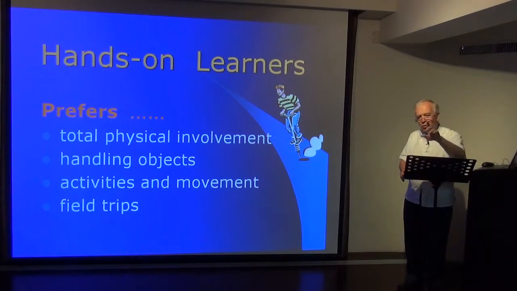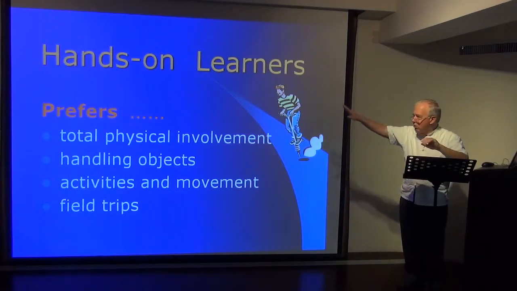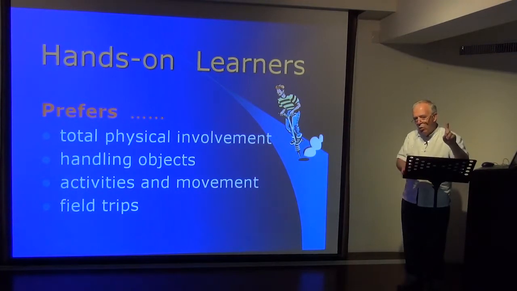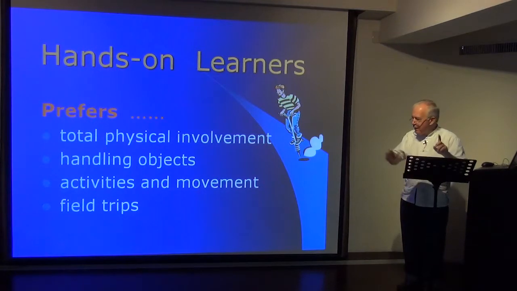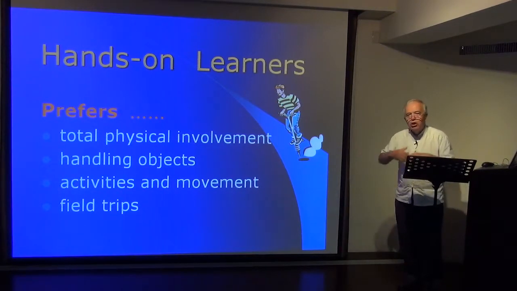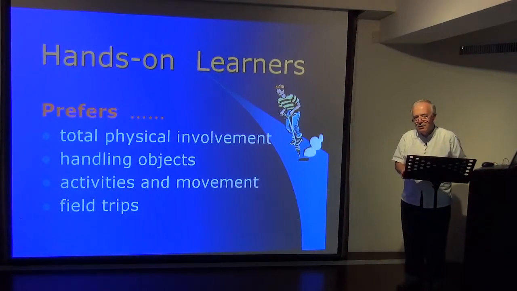And I want you to note this, that if you have a student who is strongly hands-on, but is weak auditory and weak visual, it's very important that you give them opportunity to have activities, to handle the objects, to go outside.